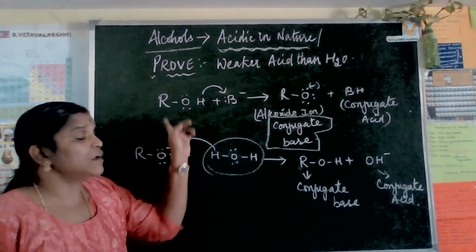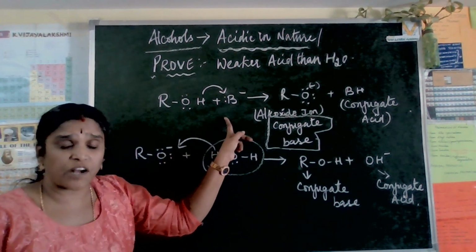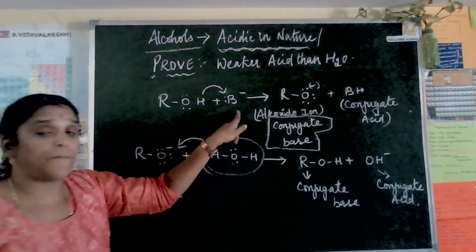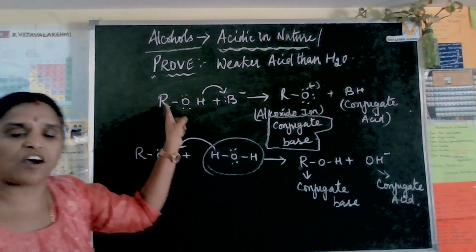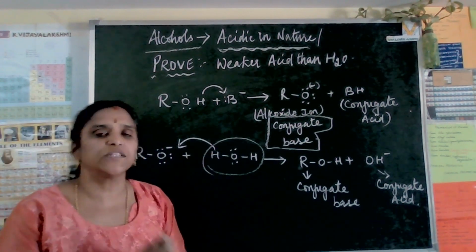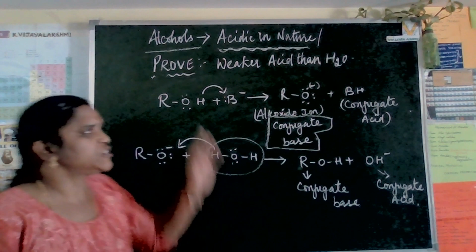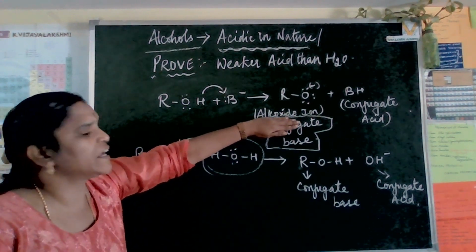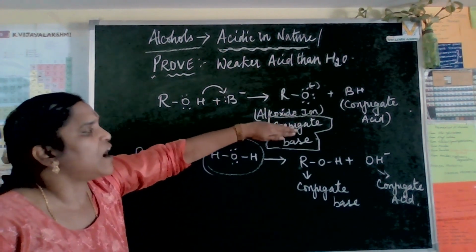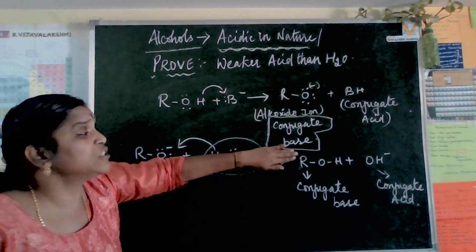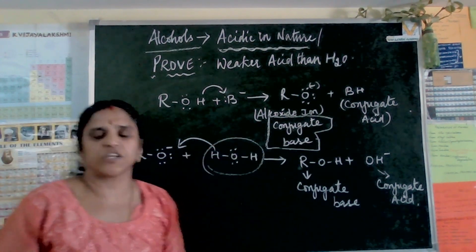Now, alcohol is ready to donate one proton, that is the H plus ion, to the strong base. That is how alcohol acts as a Bronsted acid. So what is the product you are getting? Alkoxide, also known as the conjugate base, and you get the conjugate acid.